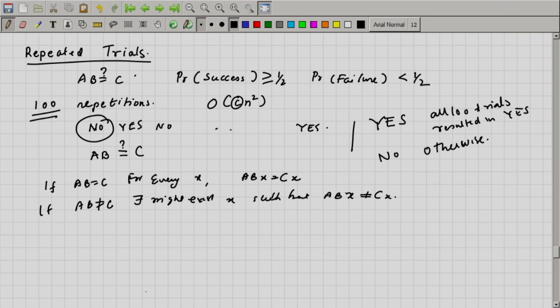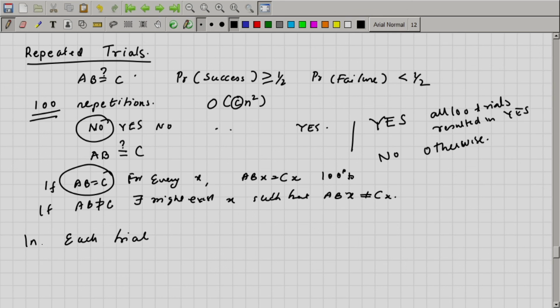Now, what is the probability of success of this algorithm? Each of these repetitions being independent of each other, if AB were equal to C, our algorithm will be correct with 100% probability. If AB is not equal to C, we argued that in each trial the success probability is greater than half.